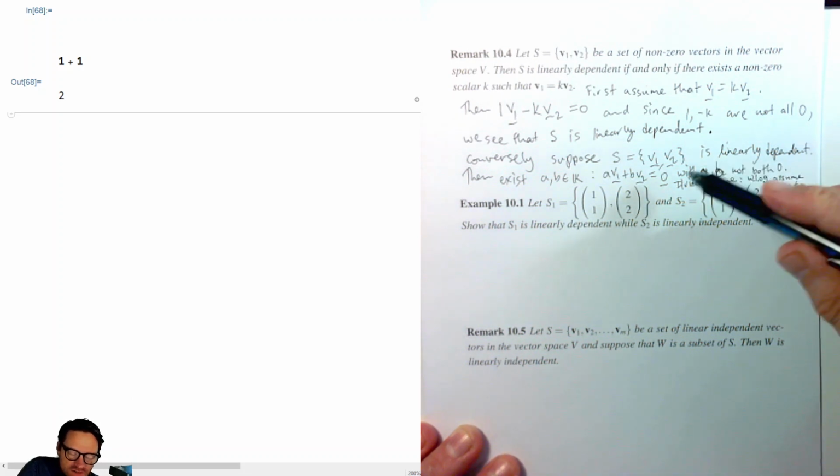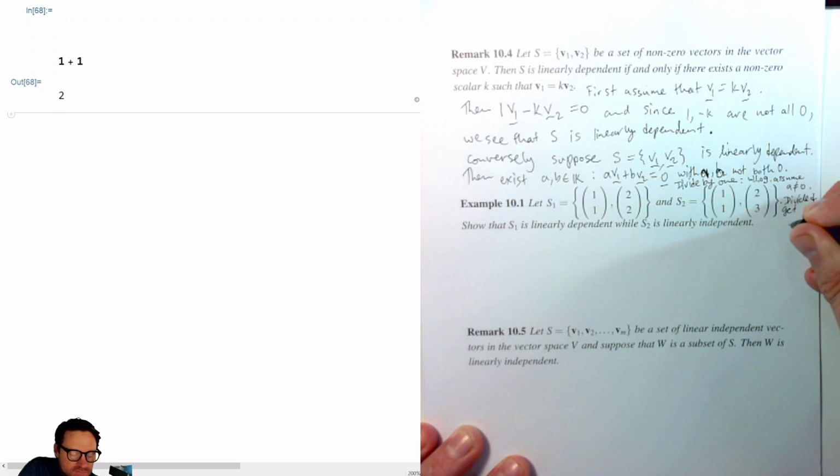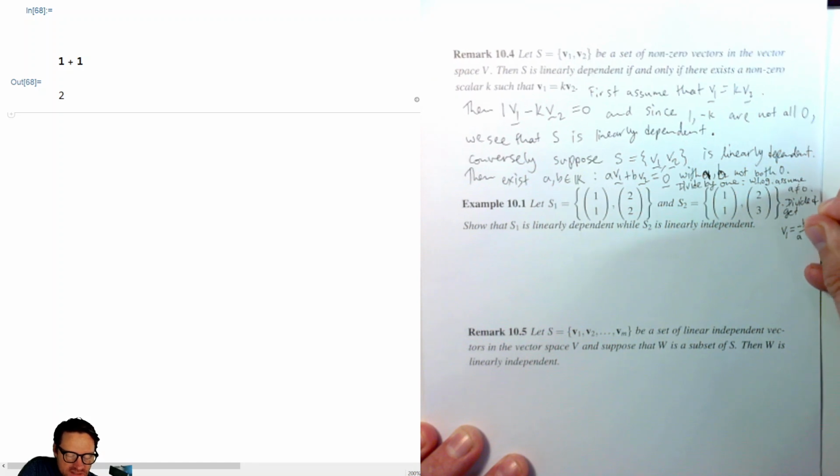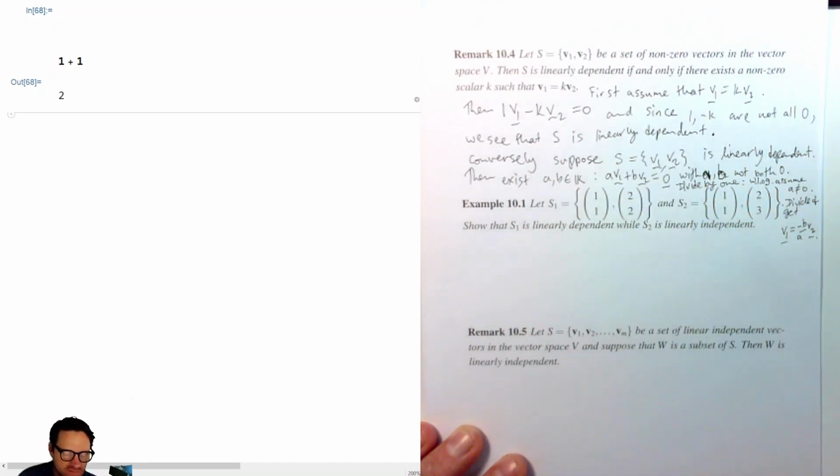So if it's not 0, then you can divide by it and get v1 is equal to minus b over a times v2. And so this minus b over a is our k, and so we get the required result. And so that holds true in both directions, if and only if.